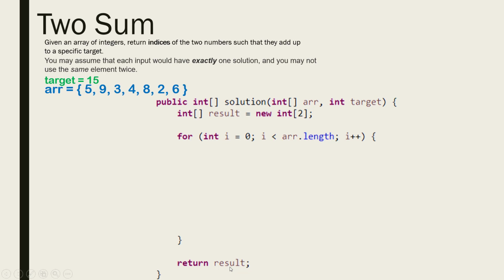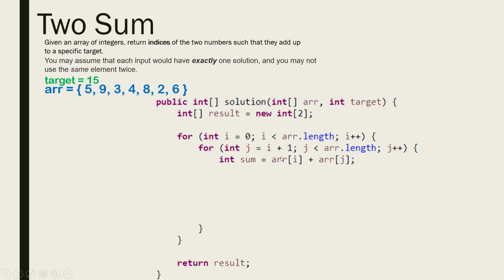To implement our slow cursor, we would have a for loop which would start at index 0 and run through the entire length of the array. The fast cursor would be inside this for loop, which would start at the index right after the slow cursor, so it would always start with i plus 1 and go through the entire length of the array as well.